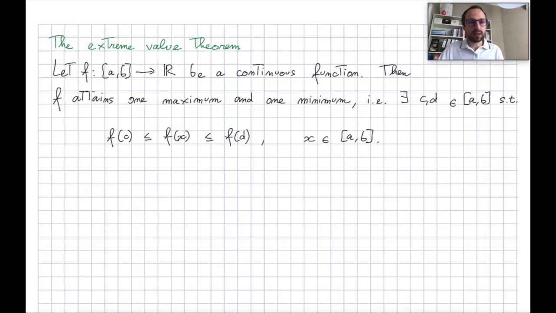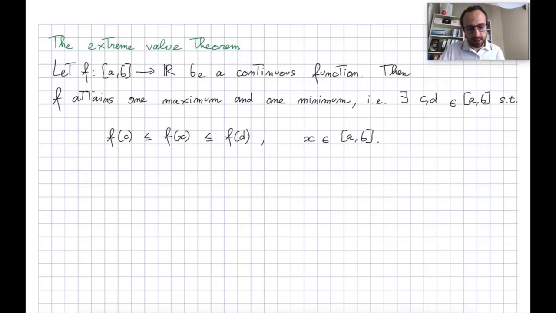So what does this mean? It means that the values of my function f are bounded from below by the value f of c, which is a value attained by the function because c is a point in the domain, and they are bounded from above by f of d, which is another value attained by the function.